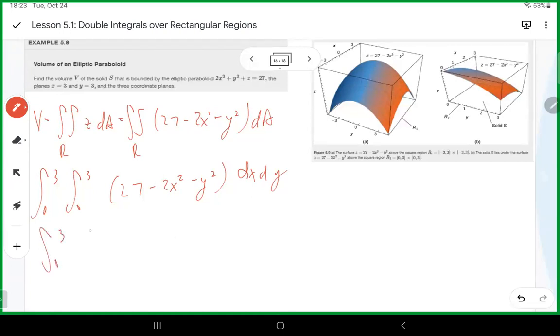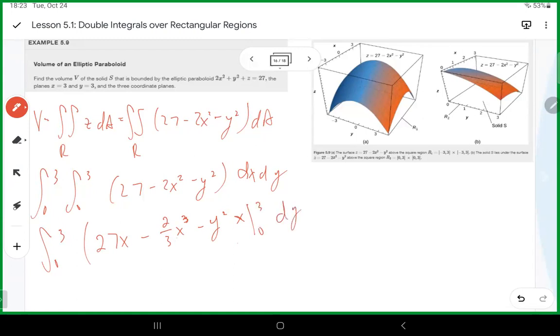Integrating with respect to x, we get 27x minus 2/3 x cubed minus y squared x, from 0 to 3, dy.